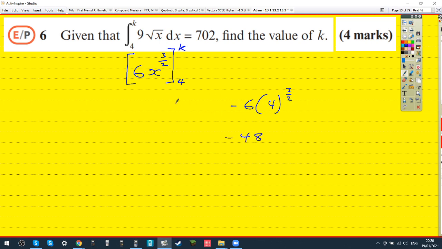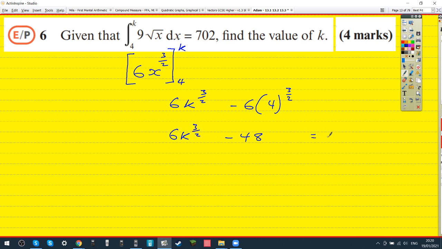And then how about the first one with the k? It will be 6k. So that will be 6k to the 3/2. And we're trying to solve for k. What do we do with this? We make it equal to 702 first.